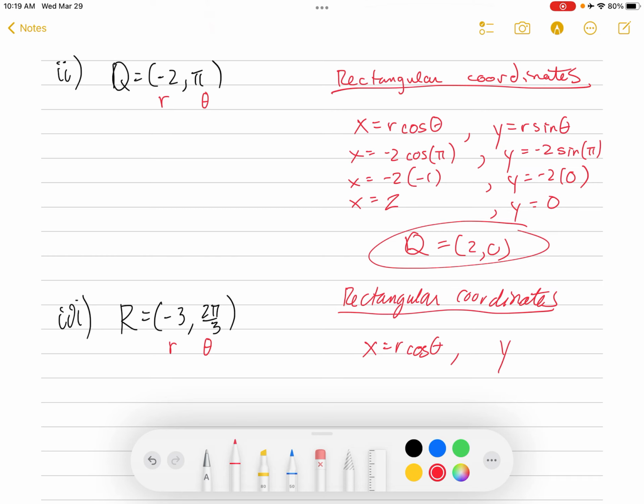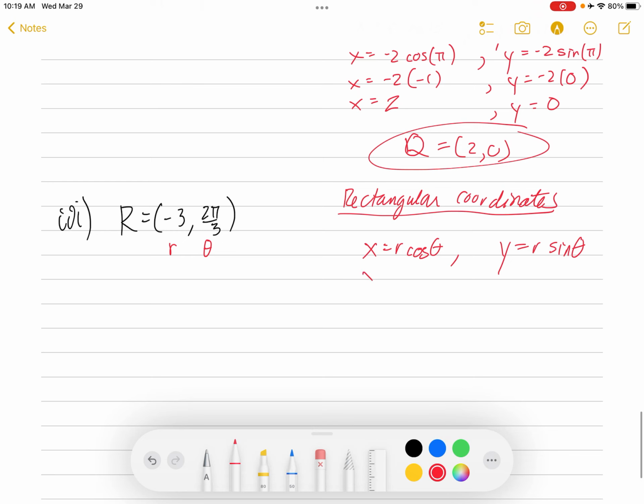We have x equals r cos theta, y equals r sine theta. It's going to be -3 times the cosine of 2 pi over 3. And for y, we're going to have -3 sine of 2 pi over 3. Let's work with x. We've got -3 times, what is the cosine of 2 pi over 3?